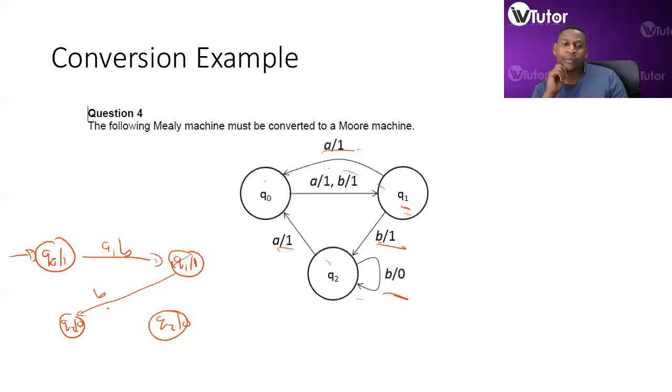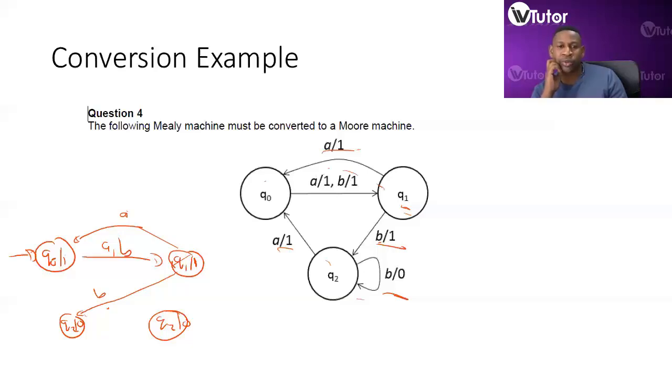And then if we've got that, if you encounter an A over here, this one goes back here. Then Q1, if you encounter B, go there. If you encounter an A, you go there.